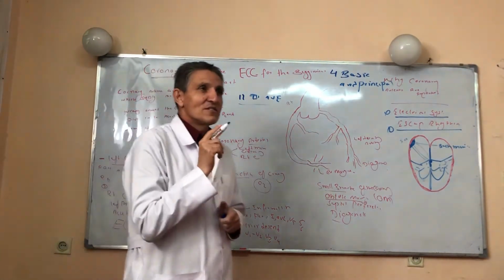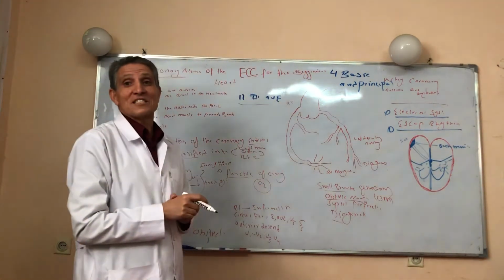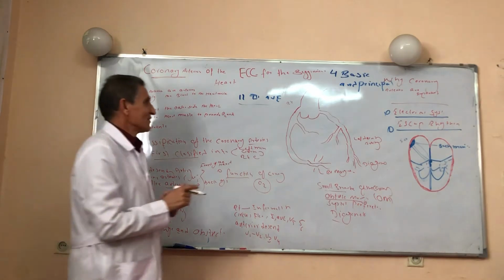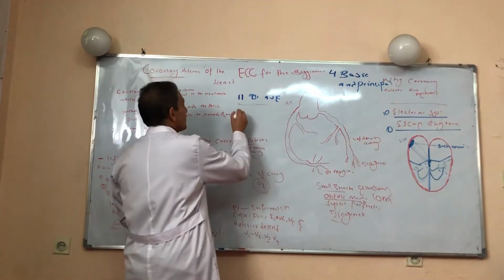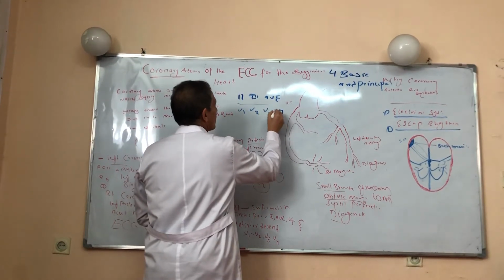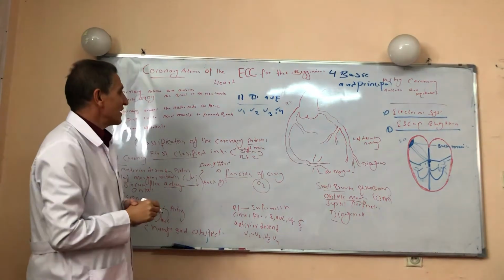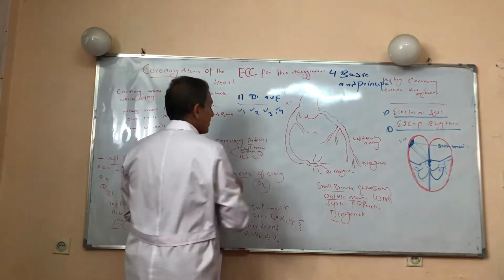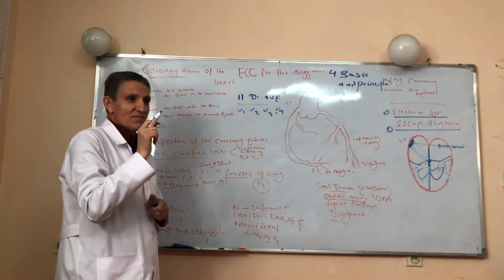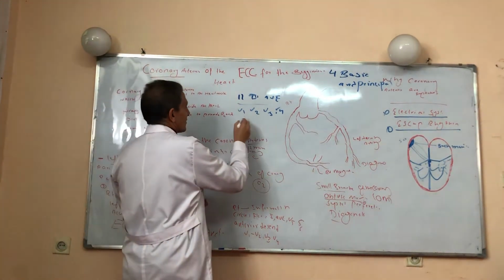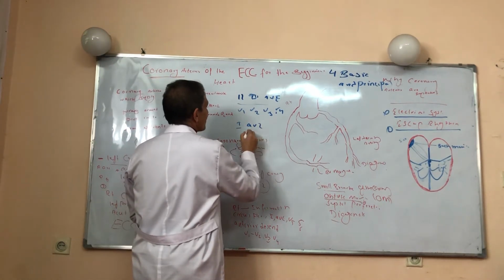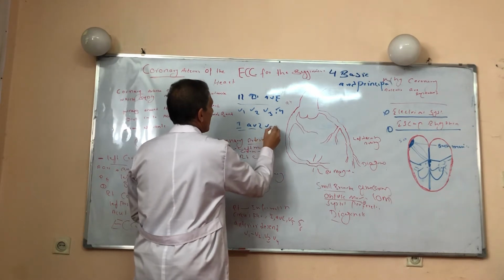And when the anterior descending artery is obstructed, which leads are affected? Anterior leads V1, V2, V3, and V4. Another one remains: lateral. Obstruction of the circumflex affects lead 1, AVL, and V5 and V6.